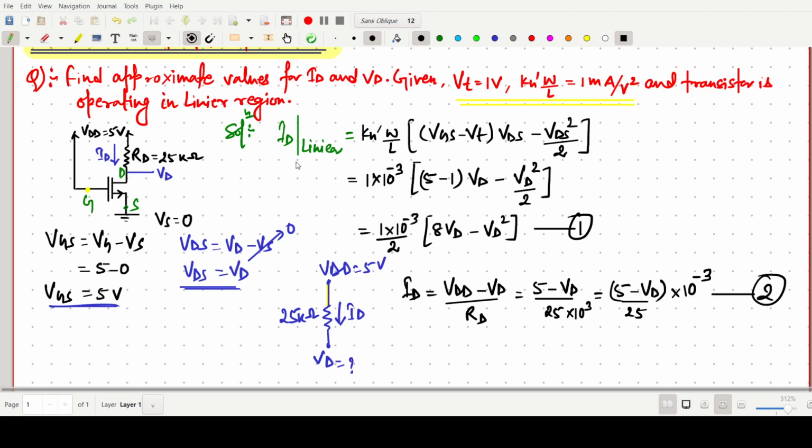So this ID in the linear region and this ID are the same.